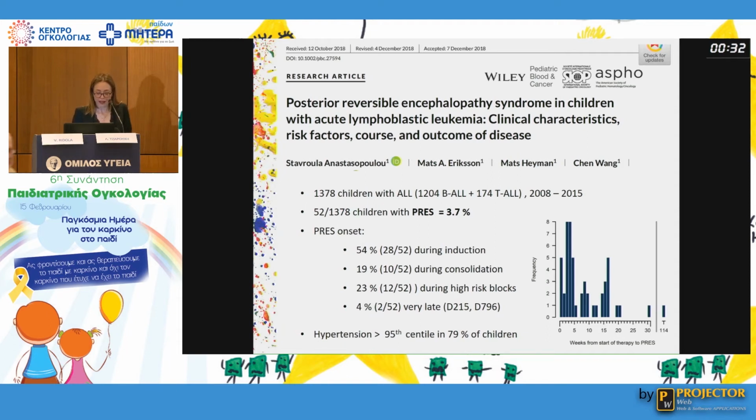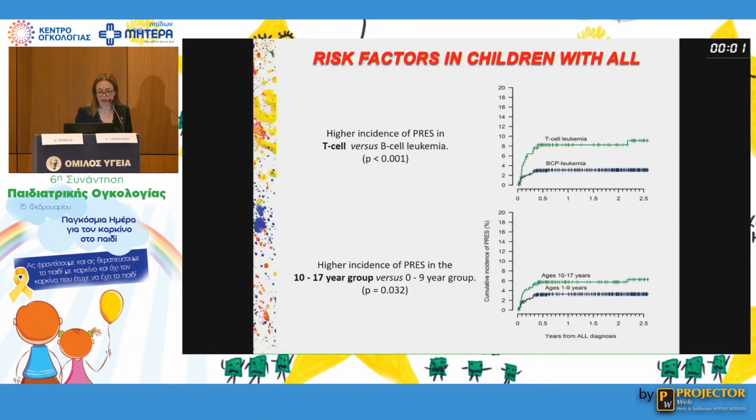And they pointed out that PRES onset, as we can see in the figure, is more common in the initial part of the treatment, during the induction phase, in 54% of the cases, although they also registered cases of PRES during consolidation or during the high-risk blocks. Hypertension was present in 79% of the children.